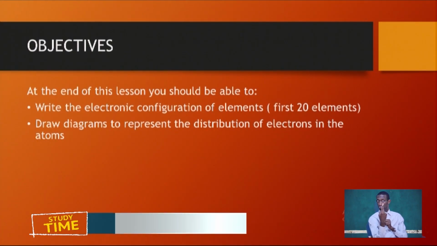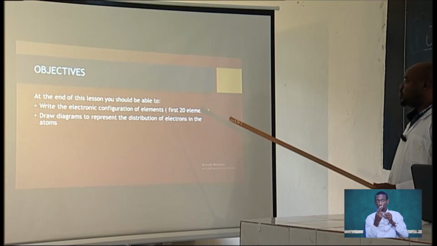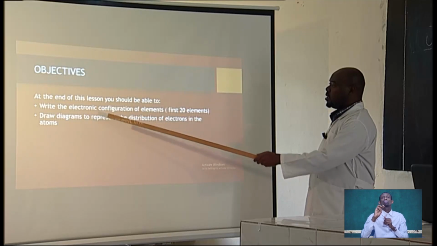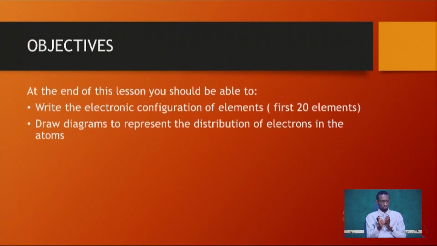And when we say the electronic configuration, we mean the distribution of electrons in elements. And number 2, you should be able to draw diagrams to represent the distribution of those electrons in the atoms. So we can represent the distribution of electrons by using diagrams, or we just use numbers. So you should be able to do it in those two different ways.